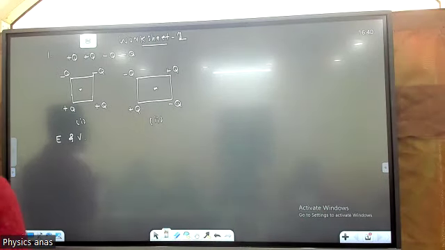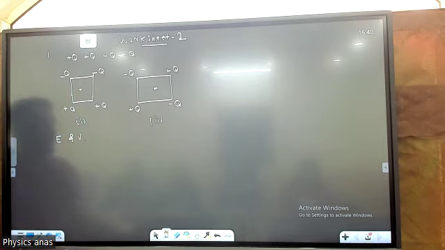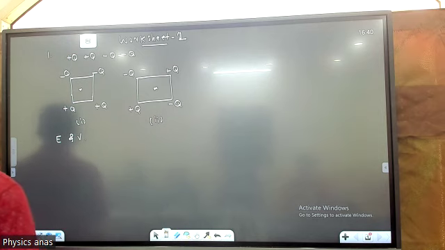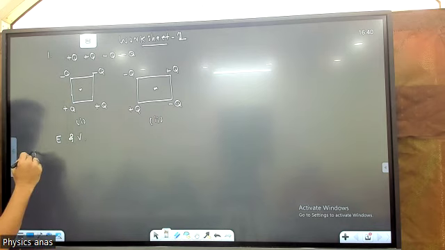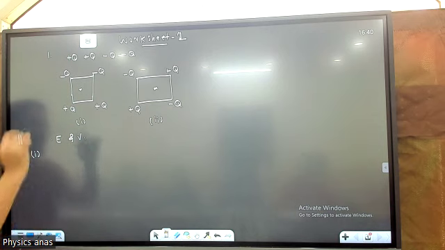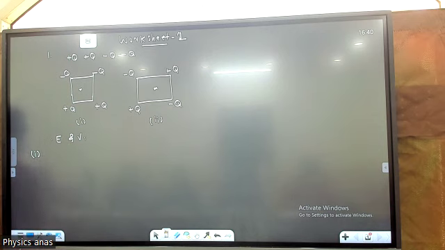That's V. They are asking you to compare the electric field and electric potential at the center of both the squares. Let me tell you, both configurations are different, right? That means the electric field and the electric potential can be different. There is a chance for that.